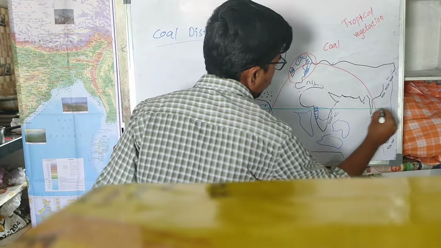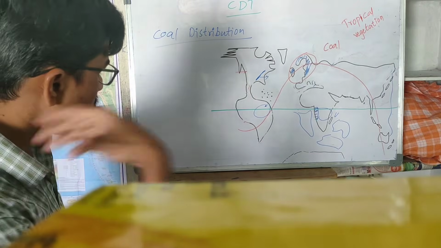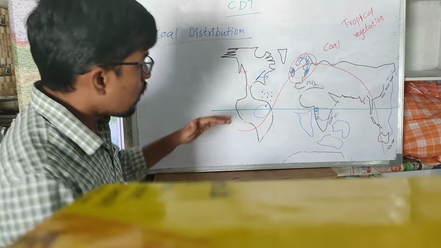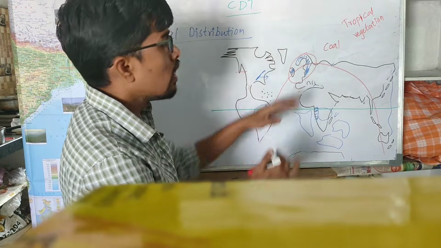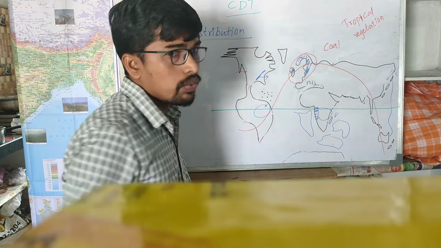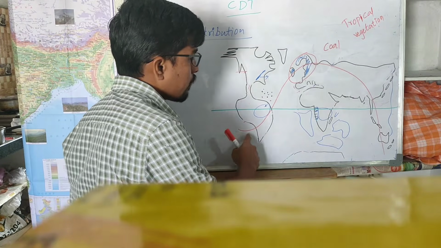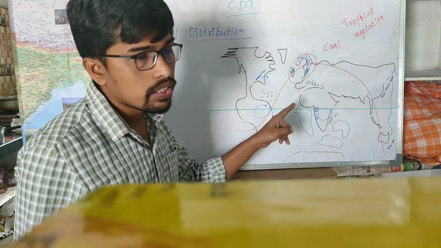During the Carboniferous period, and later the Cretaceous period, the continents were drifting. At one time the equator passed through these continents, these European continents also.